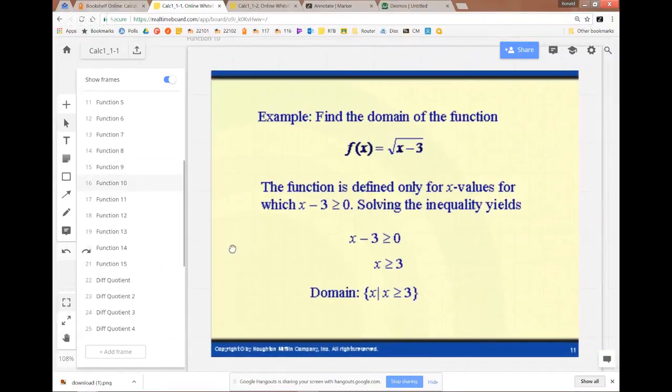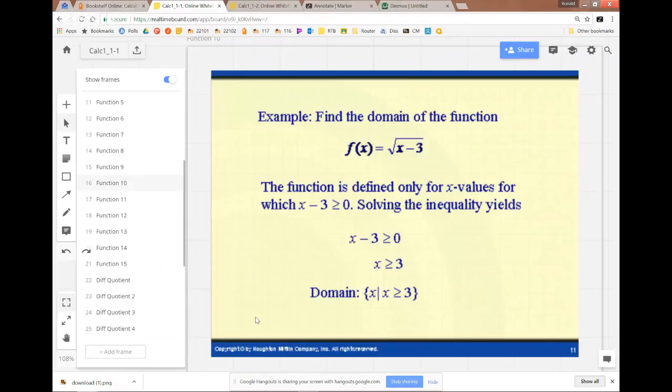Now here you can see that's not true. For this function, the square root of x minus 3, I can't just plug in anything here, because if I plugged in a 0, for example, for x, this would not compute to an answer that we can make sense out of. Over the real numbers, there is no such thing as a square root of -3.